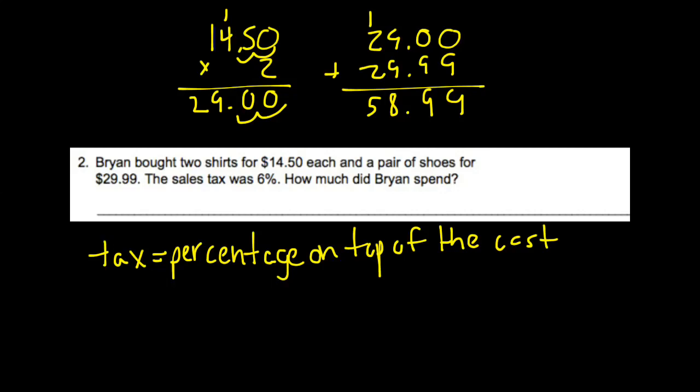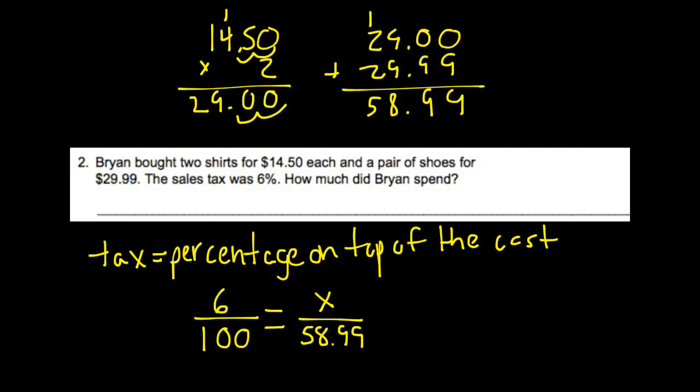So I want to find what is the total amount Brian spent, and so I'm going to take the sales tax, which is 6%, and I could do 106 over 100, but I'm just going to find the sales tax and add it on at the end. So 6 out of 100 equals some number over $58.99.